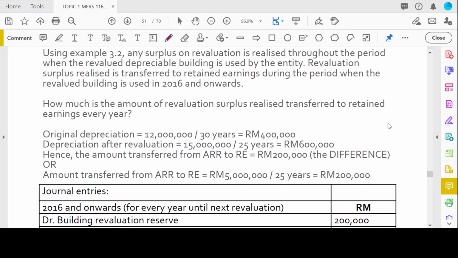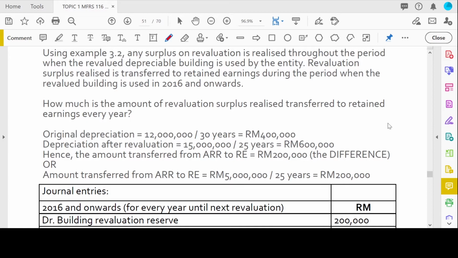The original cost of the asset is 12 million, and the revalued amount, which is the fair value on the date of revaluation, is 15 million. The revaluation was made after 5 years. The policy of the company is to transfer any surplus on revaluation realized to the retained earnings.